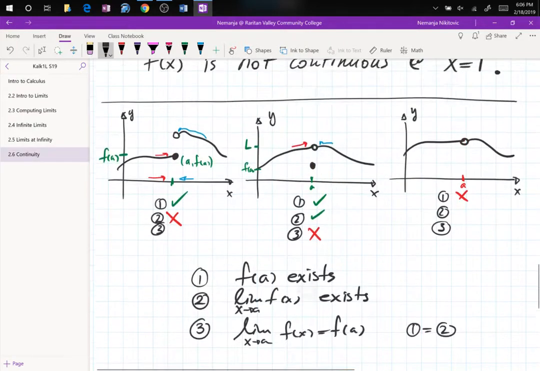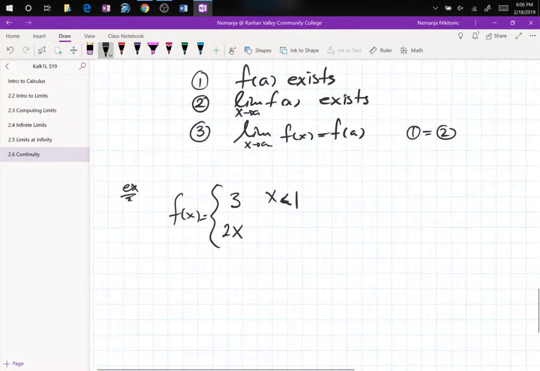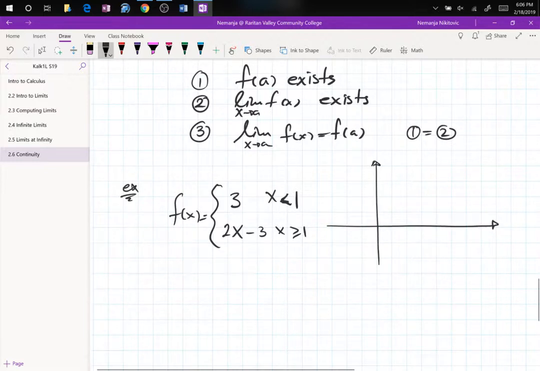And 2x minus 3, for x bigger or equal than 1. So if you want to graph this, you put this is not an asymptote, this is just a barrier for me to draw the graph.